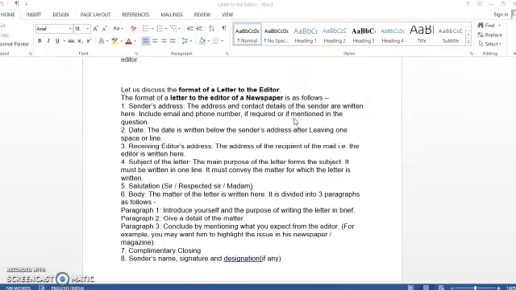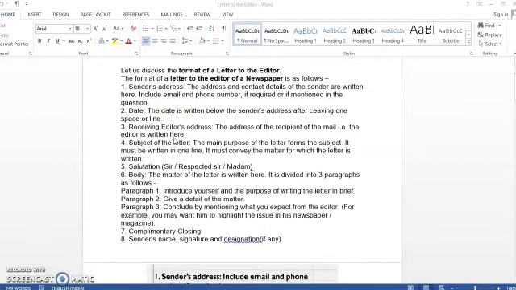First, in the format of a letter to the editor, first comes the sender's address. The address, contact details of the sender, they are written here. Now here you can also include your email or phone number if required, as per the instructions of the question. Then the date. Date is written below the sender's address after leaving one space or line, or you need not leave also.